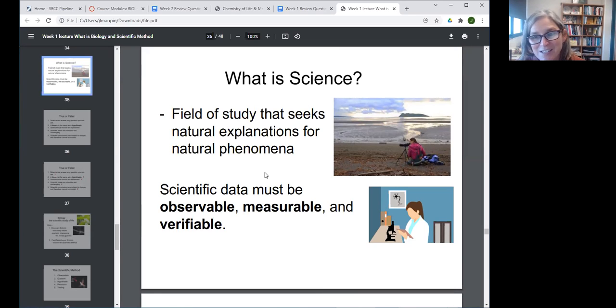So if a scientist ever tells you that they can prove that God doesn't exist, well, that's not true, because that is not in the realm of science. Likewise, you can't prove that God does exist, because if God is supernatural, then that is outside of the realm of observation. It's something that you can't observe easily. That's what supernatural phenomena are, right?